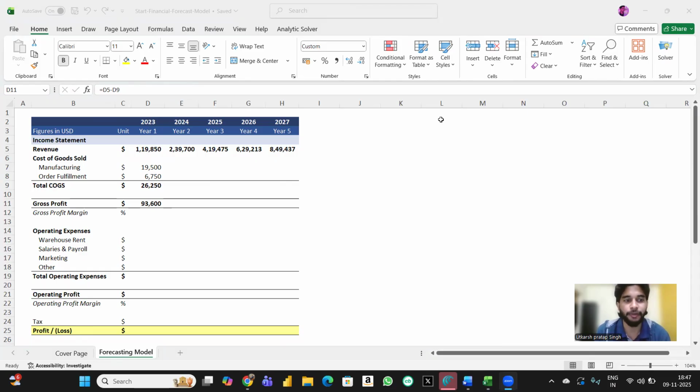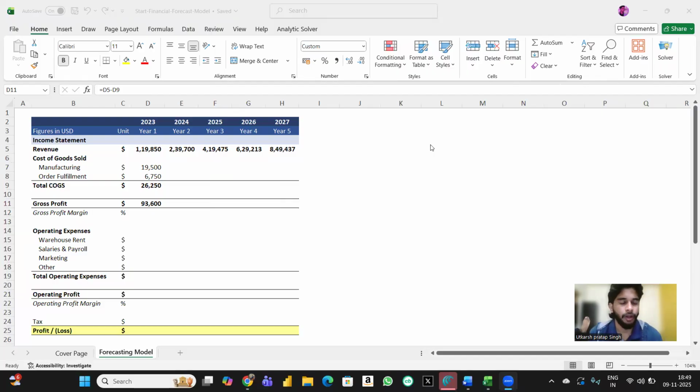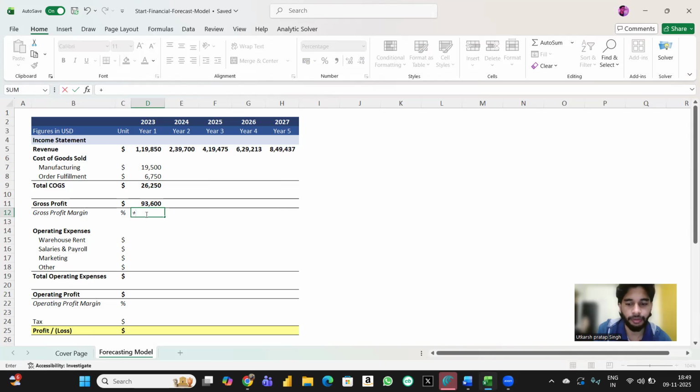The profit is before the net tax, so it is a gross profit. For the first year, it is 93,600. Now, for calculating the gross profit margin percentage for the particular year, the formula would be equals the gross profit divided by the revenue for that particular year, and it is 78%.